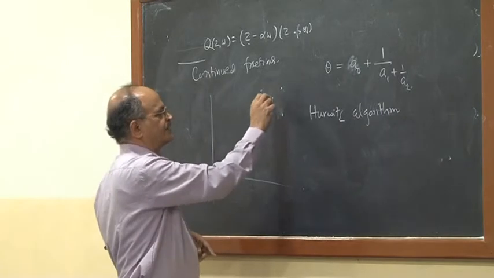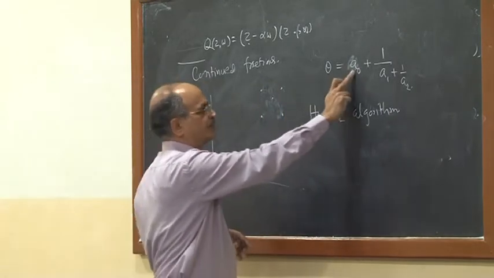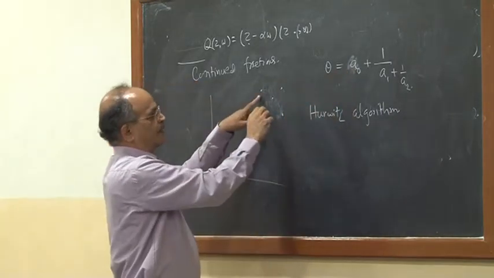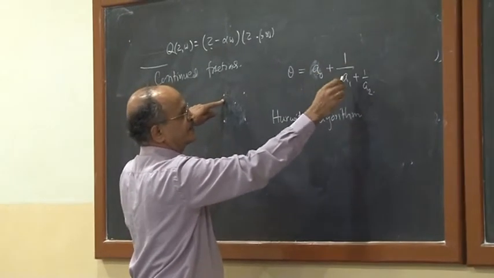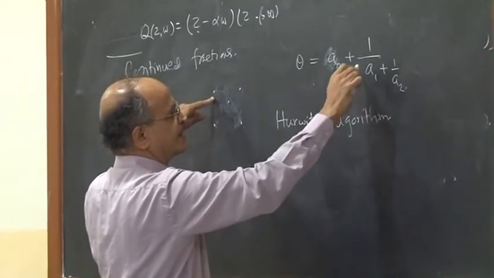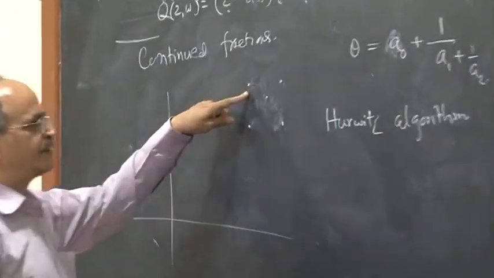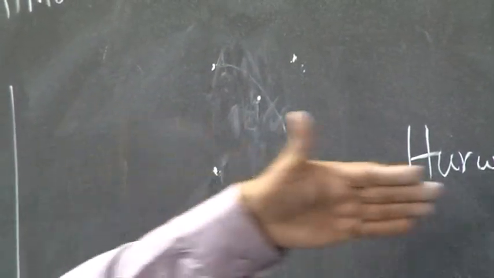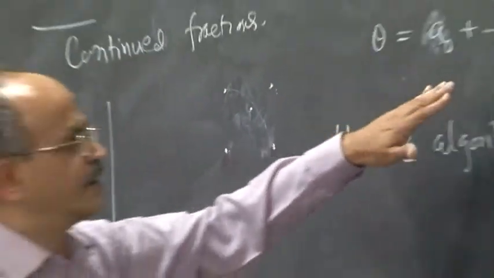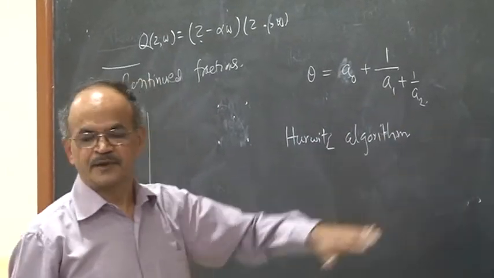Then you have the next one, which is less than 1, so when you invert, the number is greater than 1 in absolute value. So you proceed in the same way, take the nearest Gaussian integer for A1 and so on.